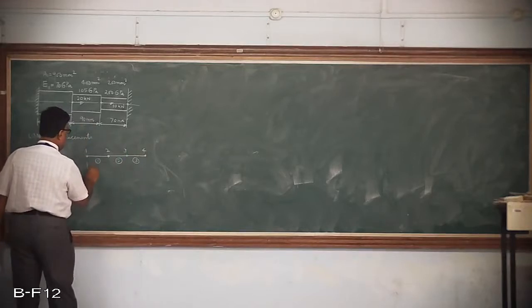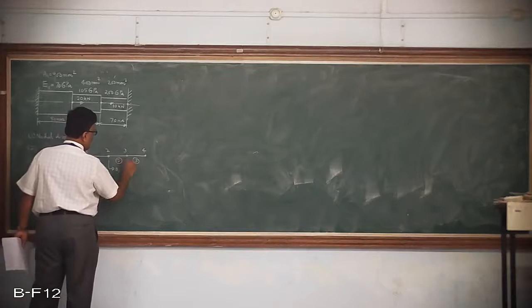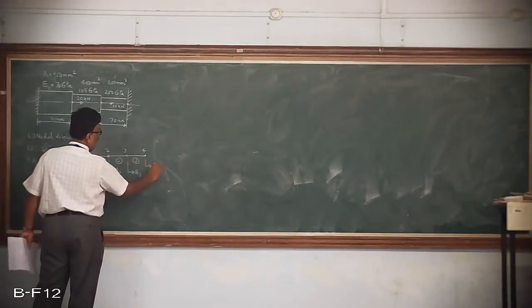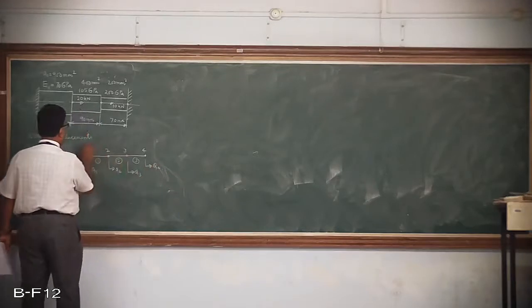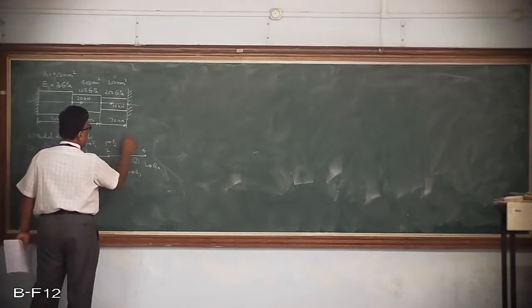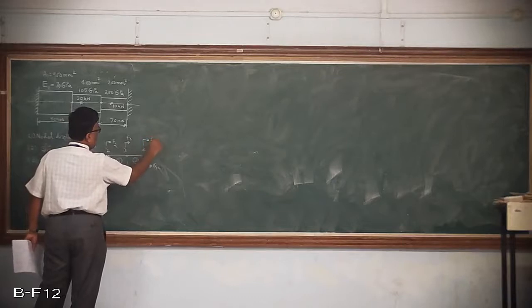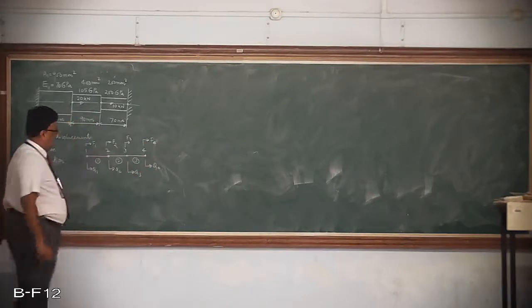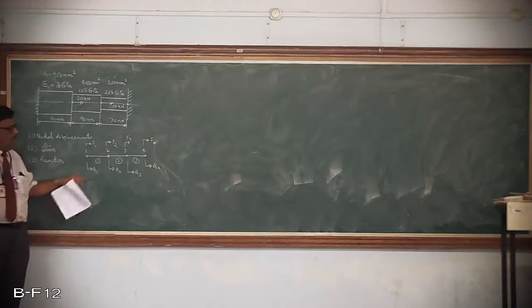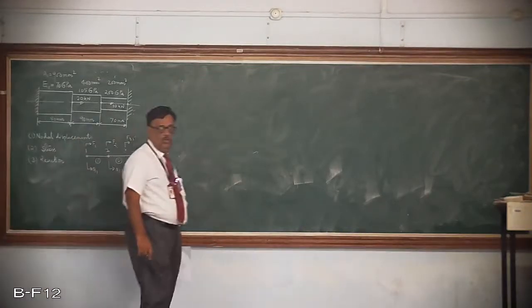The displacements here are Q1, Q2, Q3, and Q4, and the corresponding forces here are F1, F2, F3, and F4. So these are the four forces applied at the four nodes, and the corresponding nodal displacement vector is Q1 to Q4.